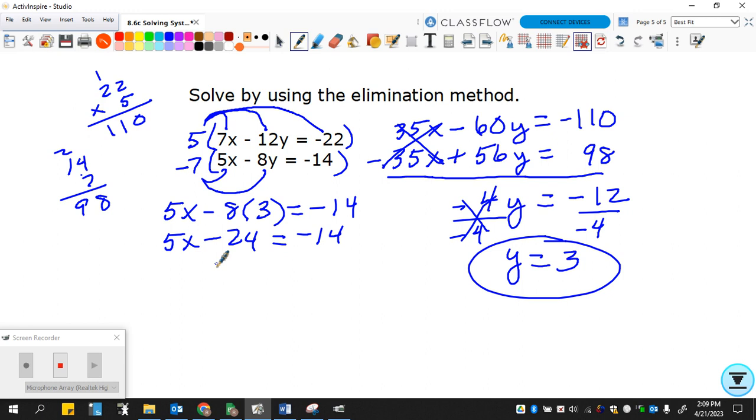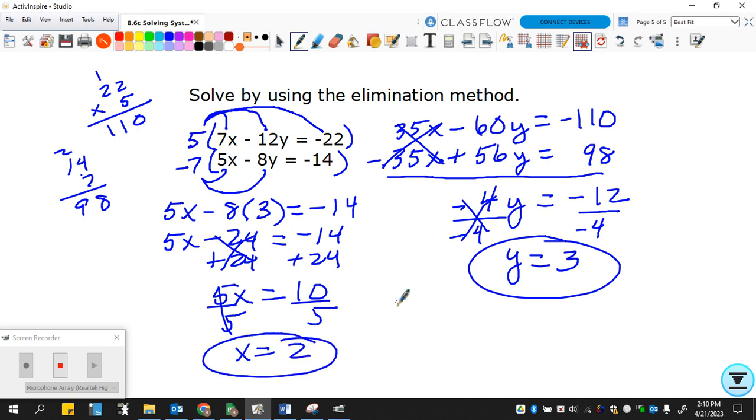Add 24 to both sides. Cancels out. 5x is equal to 10, divided by 5. So x is equal to 2. All right. So our ordered pair is (2, 3).